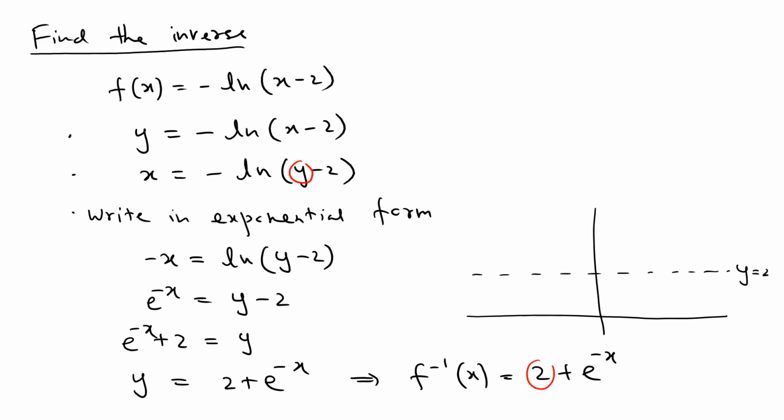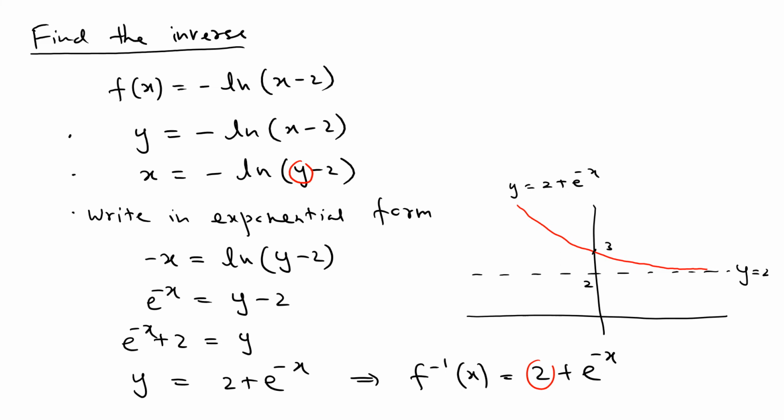So the basic graph, e to the negative x, has a shape like that, and then it gets the asymptote. So this is the number 2, and this number is 3. So that is the graph of the function, y equal 2 plus e to the negative x.